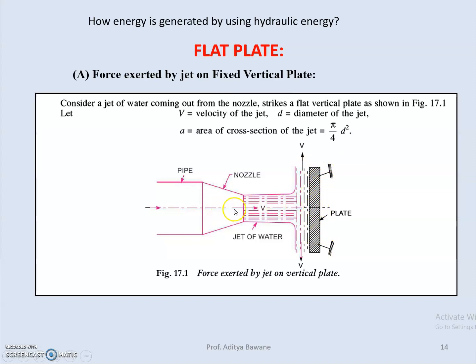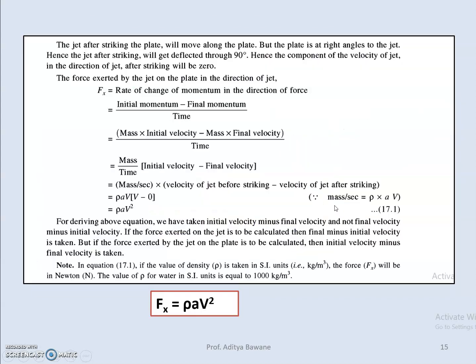Whenever the jet strikes the plate, its final velocity becomes 0 in the direction of the velocity. Let us say initial velocity v1, final velocity v2 will be 0 along the x direction. The final velocity along the y direction will be in this direction only. We know the jet after striking the plate will move along the plate, but the plate is at right angle to the jet.